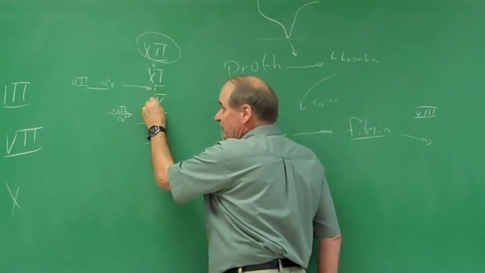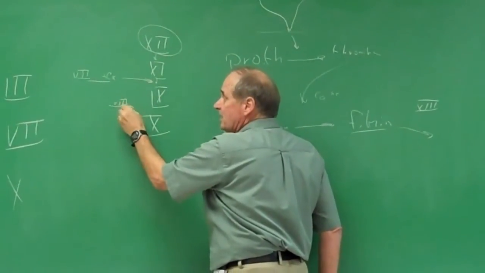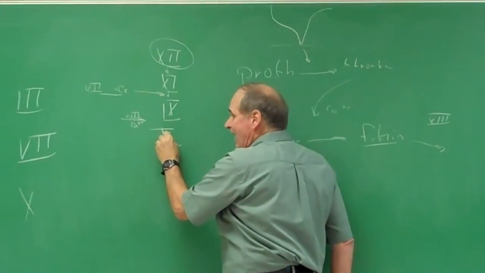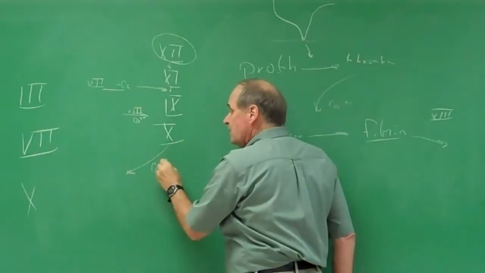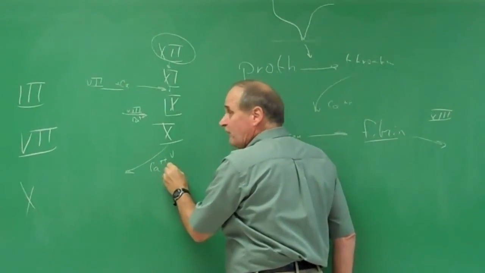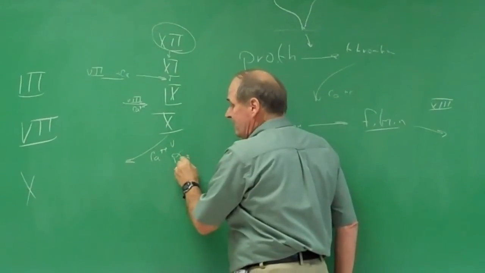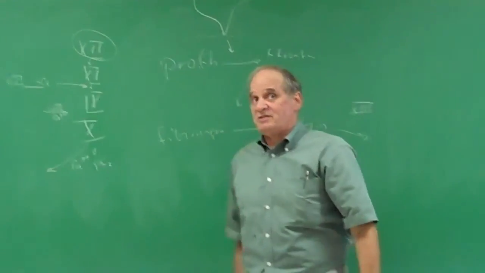Activated 9 plus calcium and number 8 activates number 10. Activated number 10 plus Ca plus 5 and platelet phospholipids, PF3, forms another whammy of that prothrombinase.